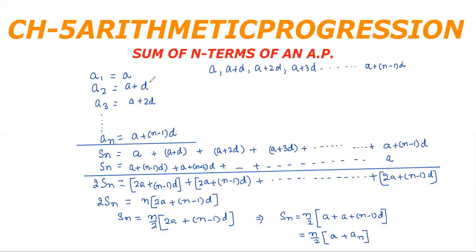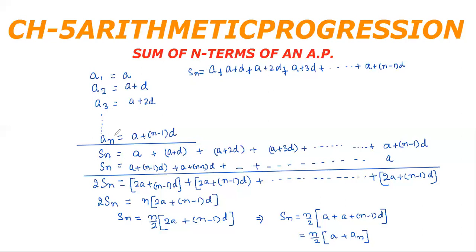Now I want to add all these terms. I will call this the sum of the first term plus second term plus third term and so on till the last term, and represent it as Sn.